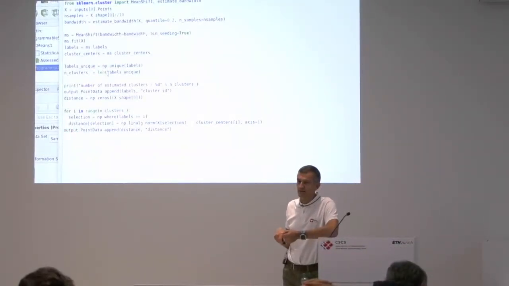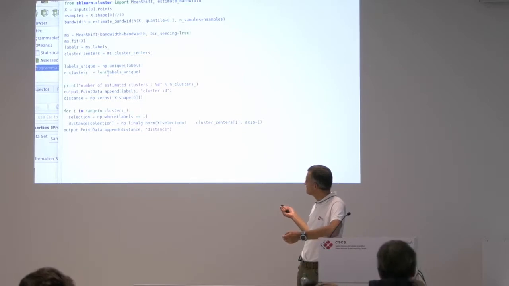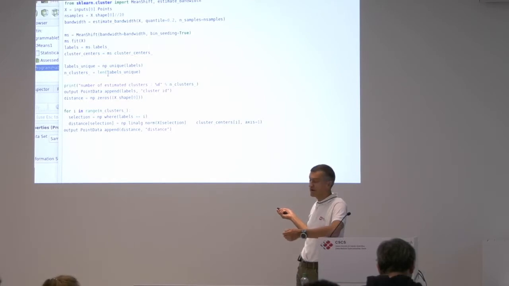And what I wanted is a unique set of labels. So I just use NumPy. Again here, NumPy.unique on that labels array to get my particular set of clusters. And then I added this. As you can see here, my output is the predefined name for the programmable filter.